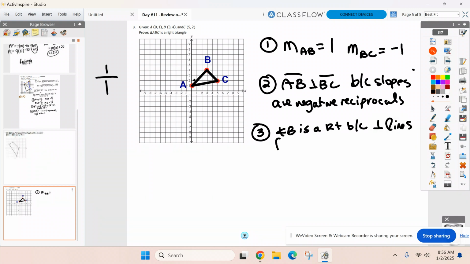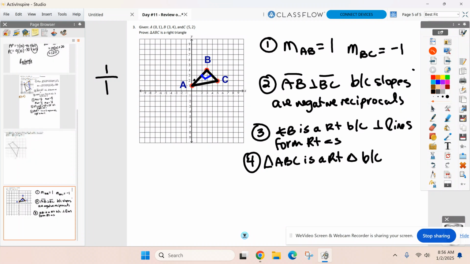Perpendicular lines form right angles. And if angle B is a right angle, guess what? This has to be a right triangle. So triangle ABC is a right triangle.